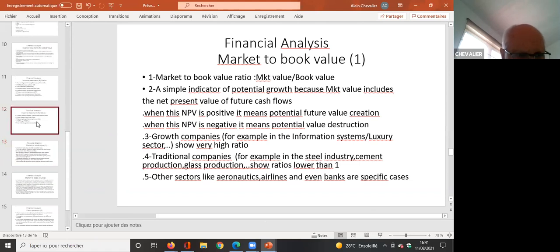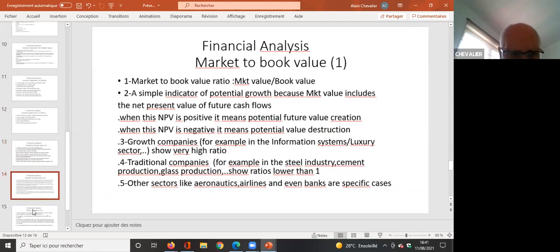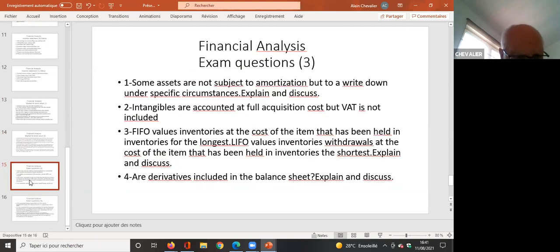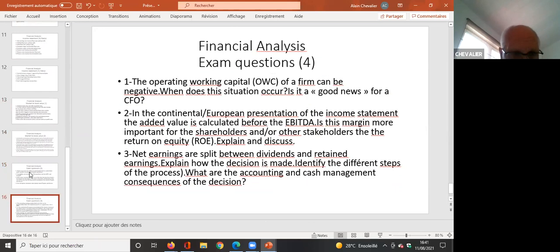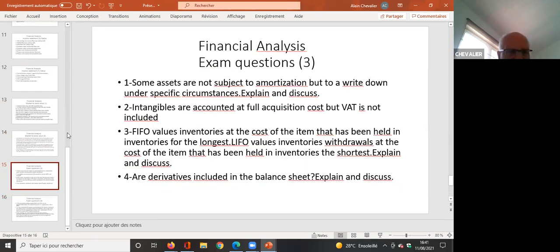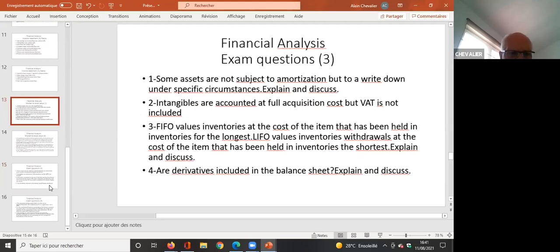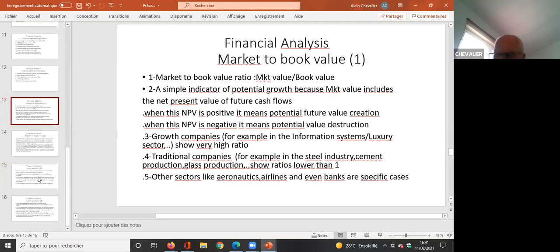I was here with number 12. After that, I have two slides, number 13, number 14, and then two others, which are 15 and 16. Number 13 and 14 are on something specific, which is market value to book value.